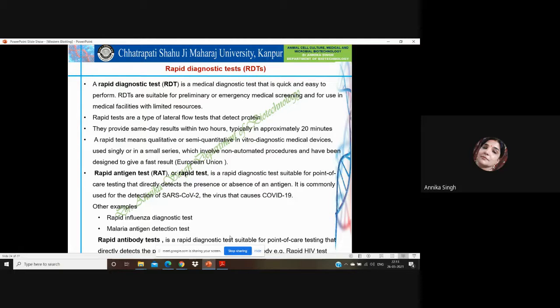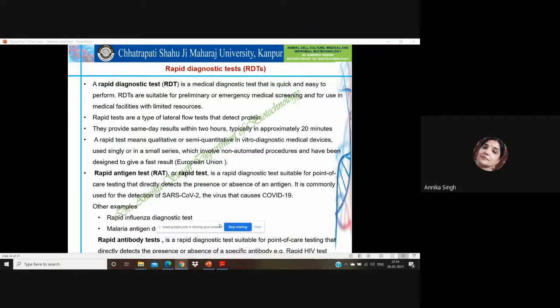And another rapid diagnostic test depends upon the detection of antibodies present in a particular susceptible patient. That is known as the rapid antibody test, which is suitable for point of care testing and directly detects the presence or absence of a specific antibody in a given sample.